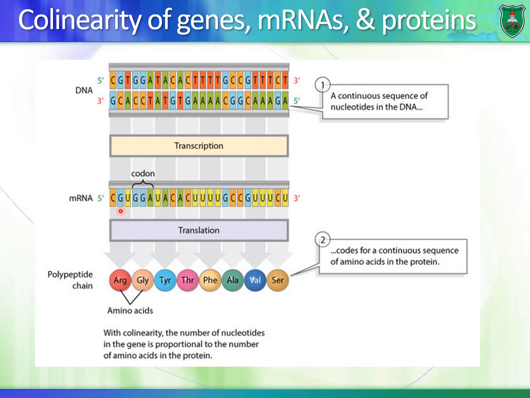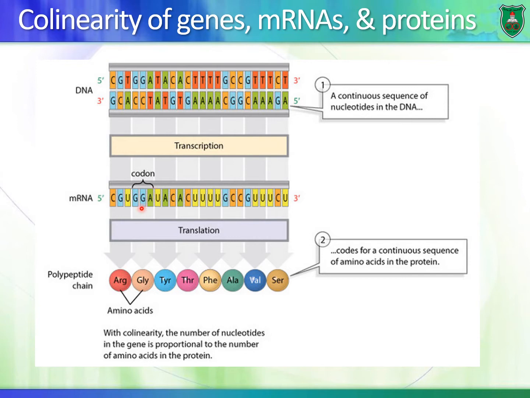Each codon is composed of 3 nucleotides, 3 consecutive nucleotides. So it is read as GGA as an example. That's one codon. Another codon is UAC. Each codon is translated into an amino acid.